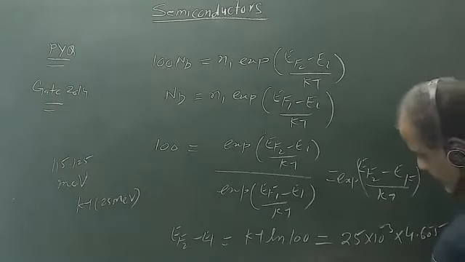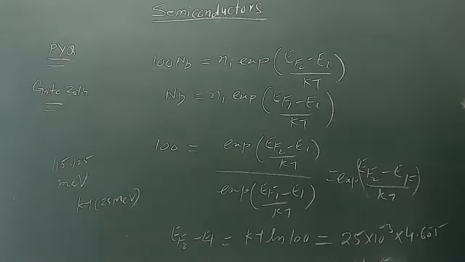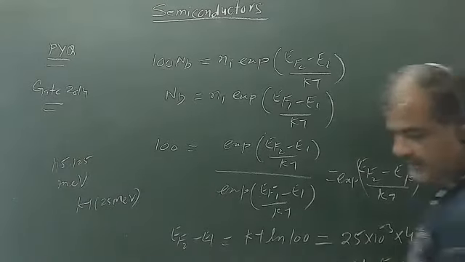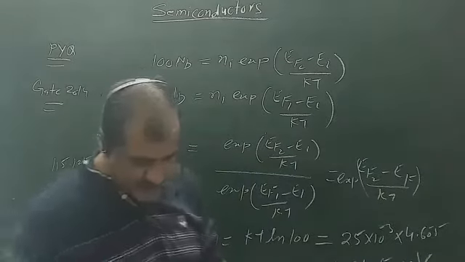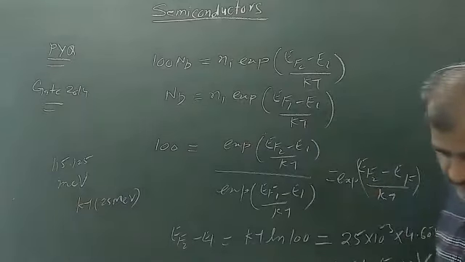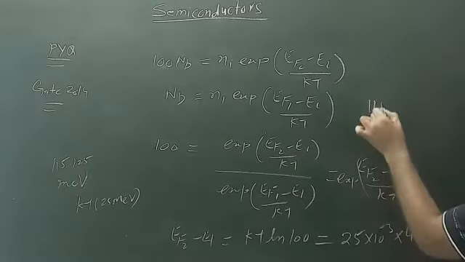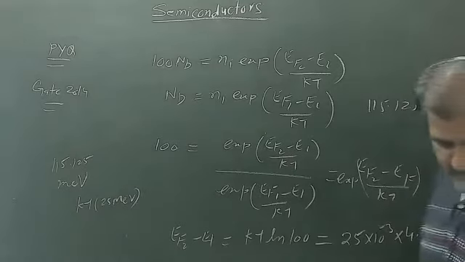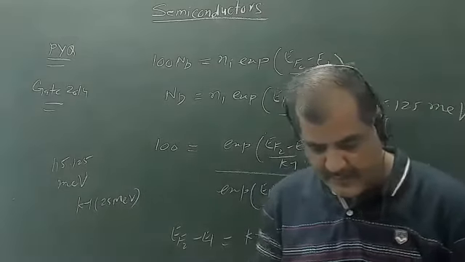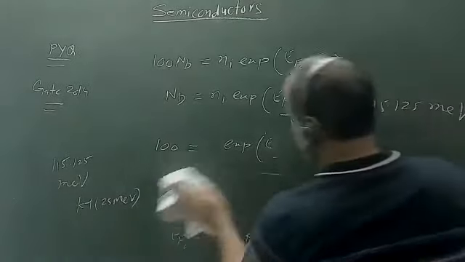If you multiply, the answer becomes 115.125 milli electron volt. Does everyone get this? Both are correct, 26 or 25. So the answer is 115.125 milli electron volt. Okay, I'm rubbing this one.